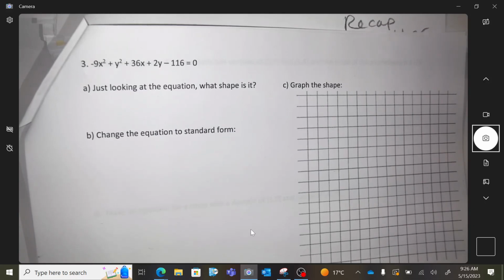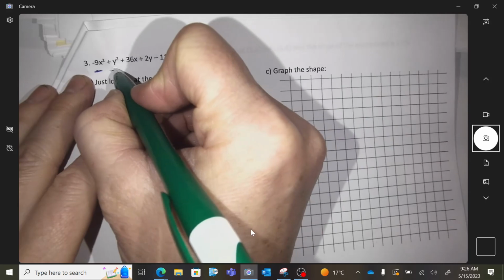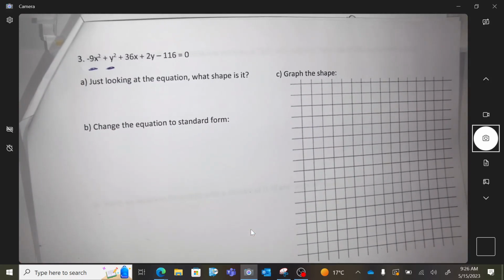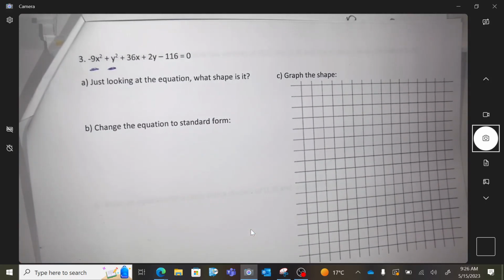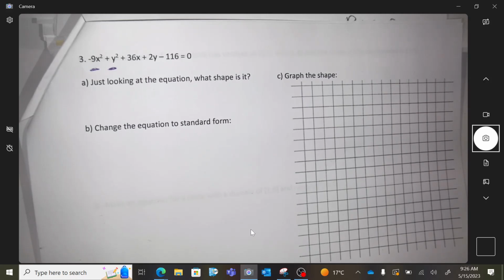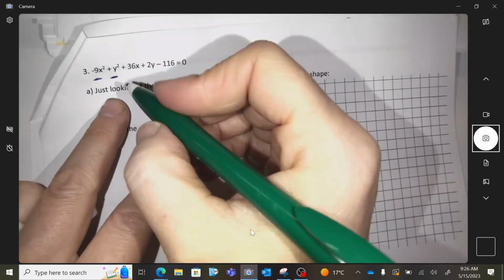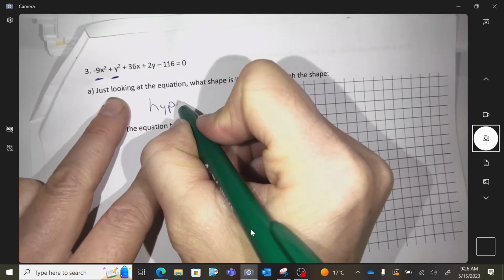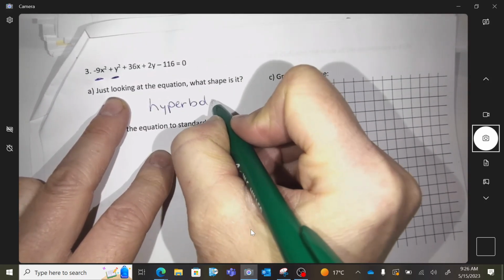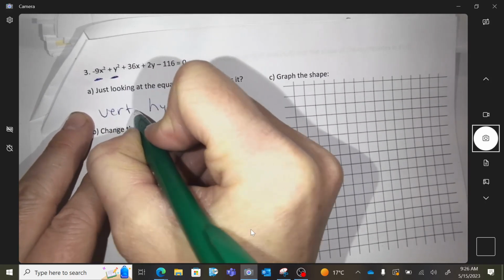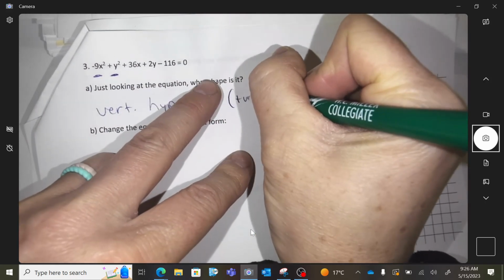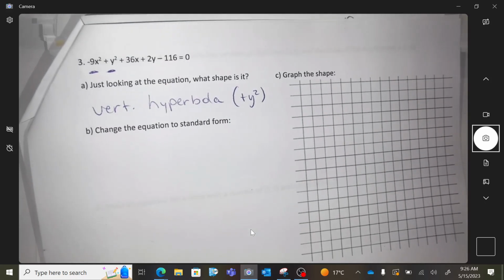Okay, name the shape. What is the shape? Hyperbola, because there's a plus and a minus. And then we said the vertical style because it's a positive y squared, so that makes it the vertical one.